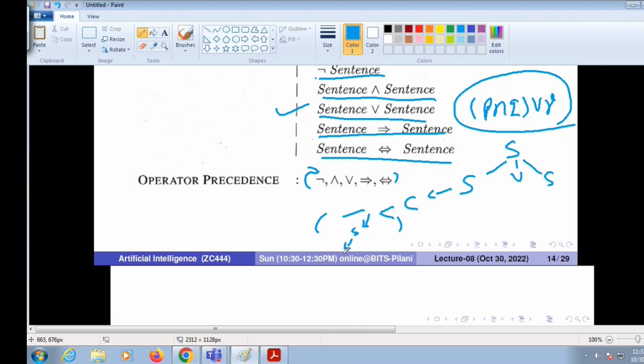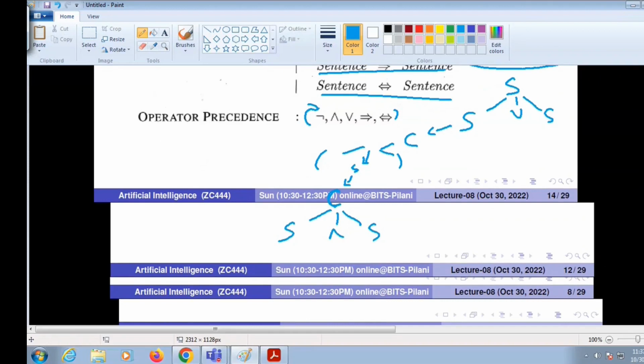This sentence can again take this, and this sentence can again be complex, and the complex sentence has sentence and sentence. Then a sentence can be an atomic sentence, and an atomic sentence can be P.